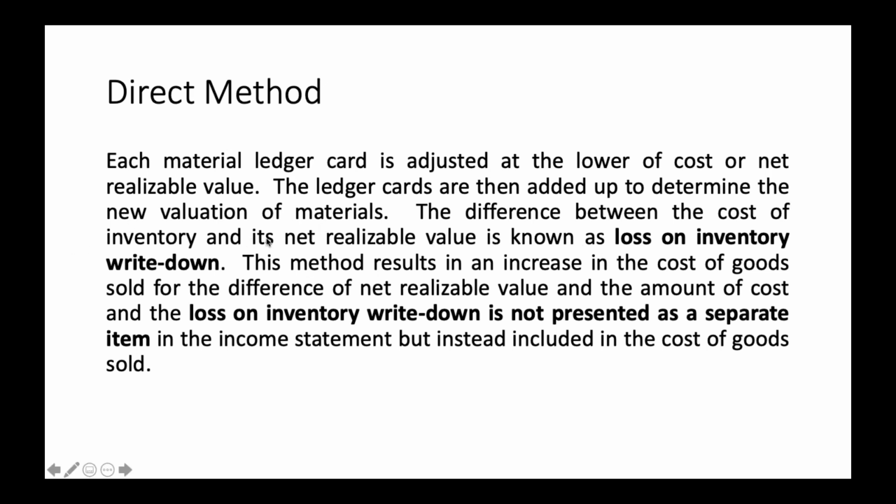The difference between the cost of inventory and its net realizable value is known as loss on inventory write-down. This method results in an increase in the cost of goods sold for the difference of net realizable value and the amount of cost, and the loss of inventory write-down is not presented as a separate item in the income statement but instead included in the cost of goods sold.